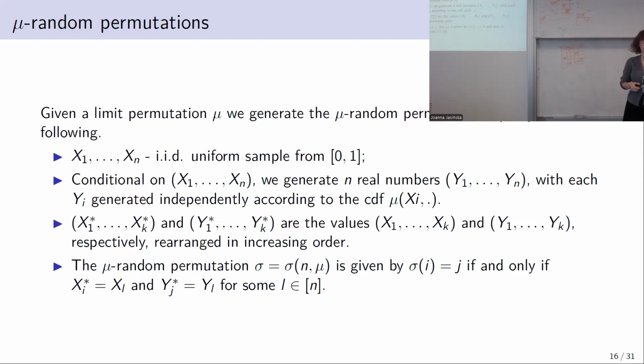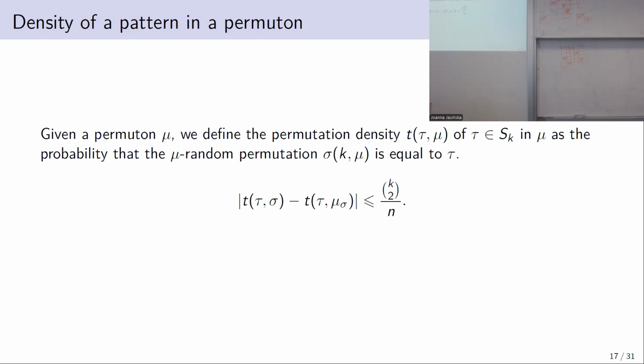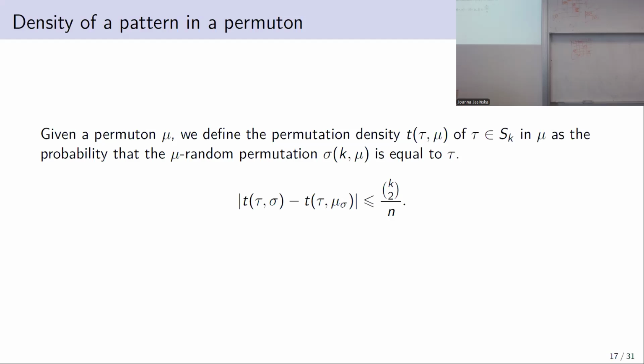I really felt a lot of relief when I realized that this is basically the same as thinking that you just sample points and the relative order of those points gives you a permutation. So let's remember this less formal way of speaking about it. And if I have a permuton, I can associate a permutation with it, and I can think about the density of a pattern in the permuton.